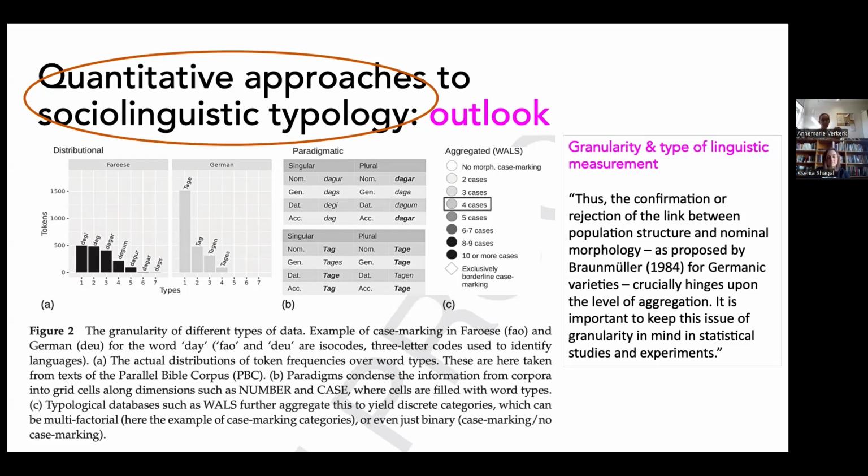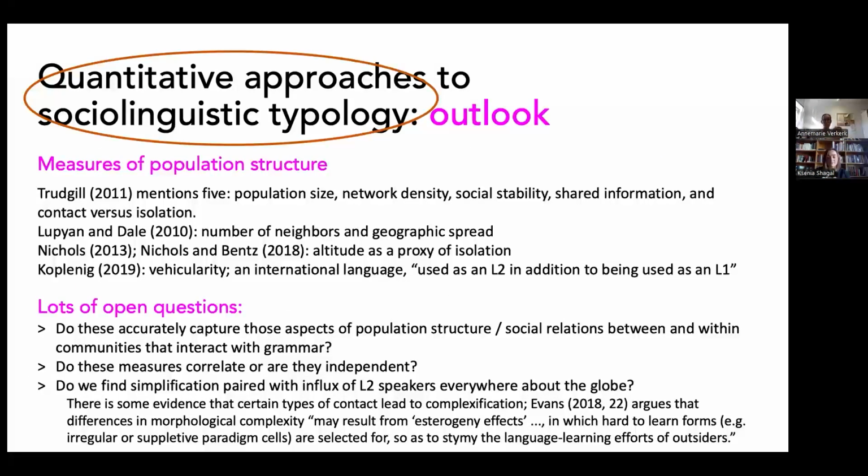So the same goes, of course, for measures of population structure, right? There is a kind of proliferation. If you look at different studies within sociolinguistic typology, we have all kinds of things going on, right? We have population size, network density, social stability, shared information, contact versus isolation, fragility.